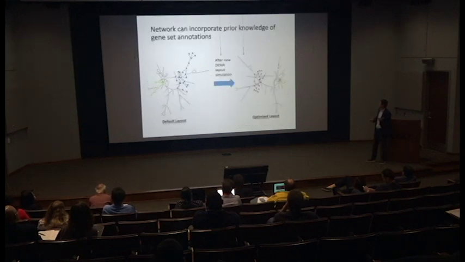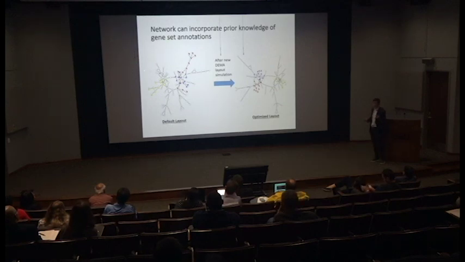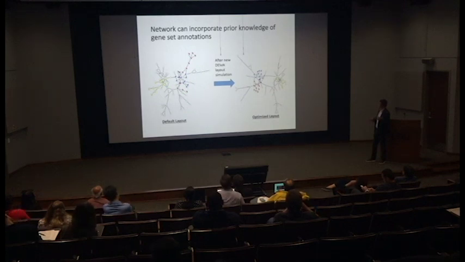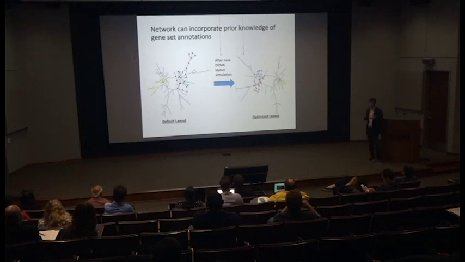And with that, we also can incorporate prior knowledge of gene set annotations. For example, you do a gene set enrichment analysis from PAGER, then you get these three. If you're not optimizing them, then they're all over the place. But our layout allows you to also optimize based on the constraints of these communities, so you get them more or less together.